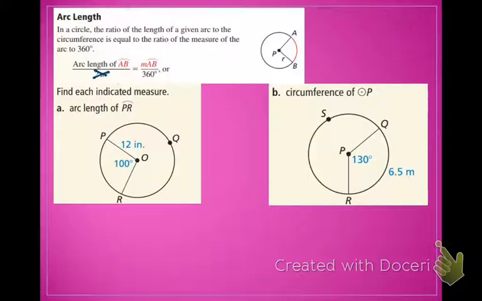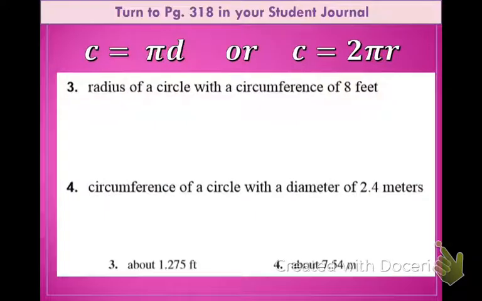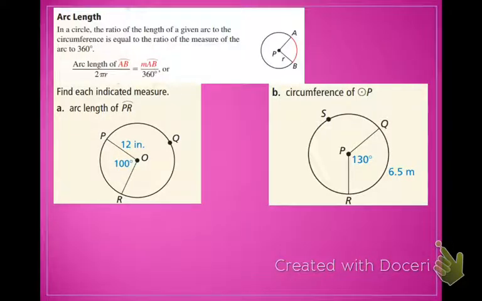That's what someone told me. Mine says 7.59. 7.54 is what you get when you did pi times 24. It's supposed to be pi times 2.4. There you go.